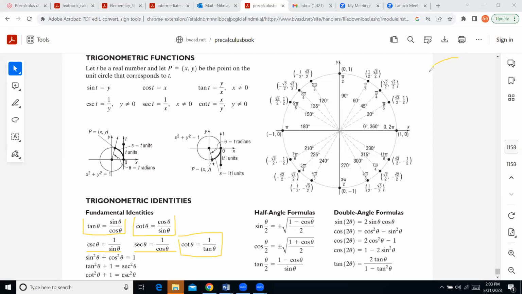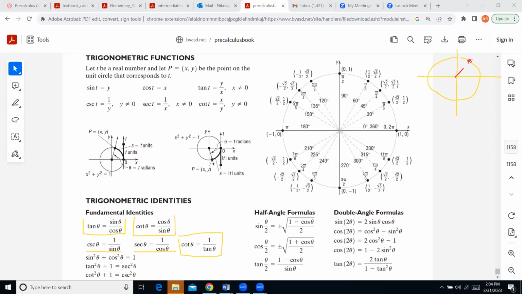And also, along with the definition of sine and cosine, which happen to be nothing else but the x and y coordinates of a point on a circle with radius 1.